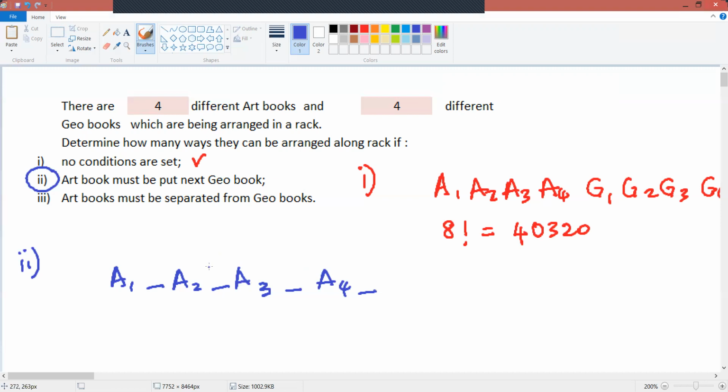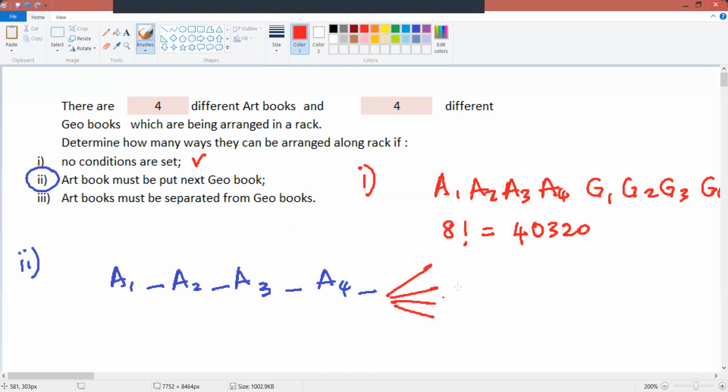So in this case, we just put the geography books in the gaps. It can be here, here, here, and here. Understand? So let's say we set A1, A2, A3, A4. How many ways can the geography books be arranged?